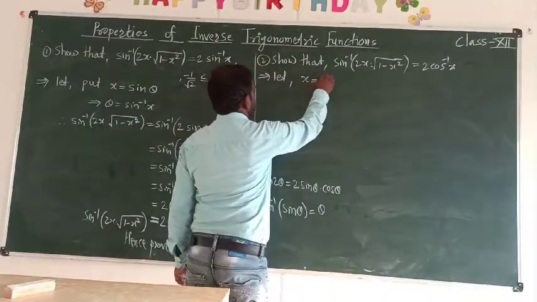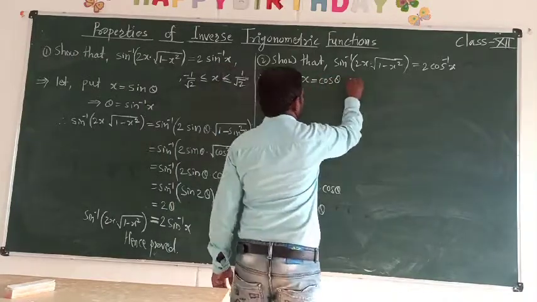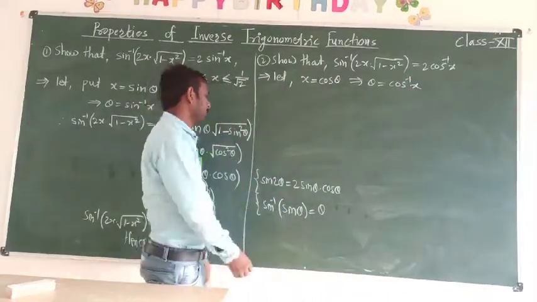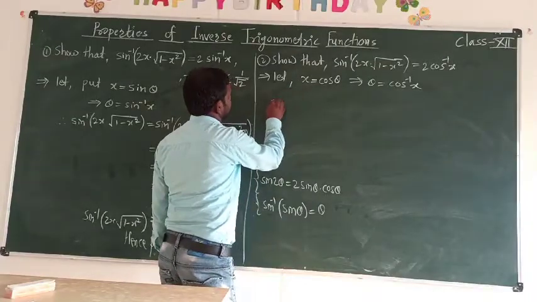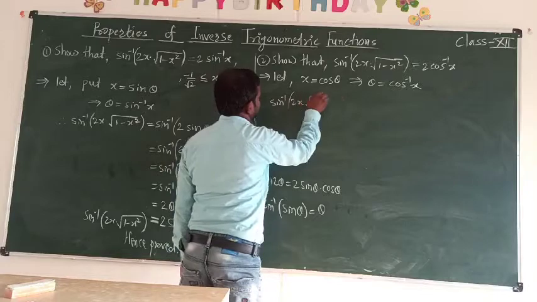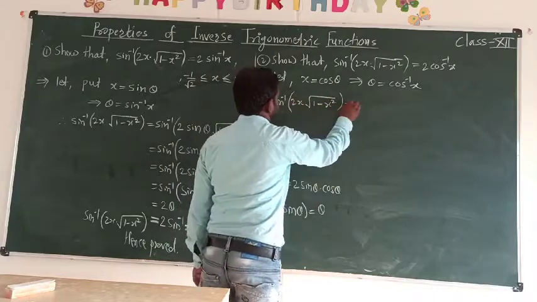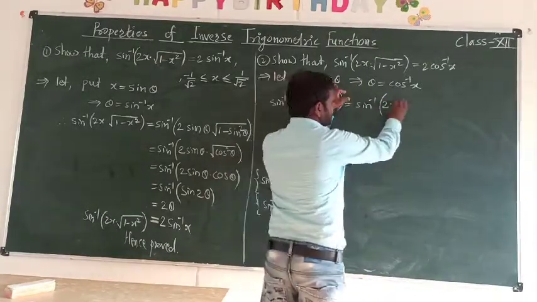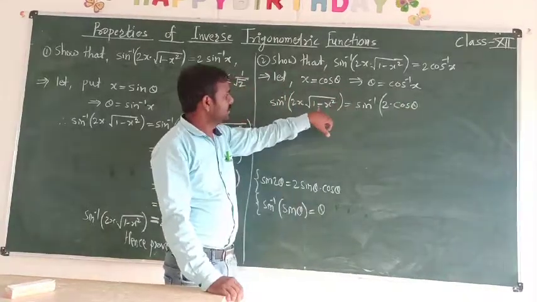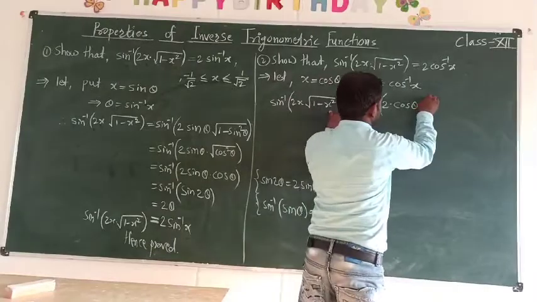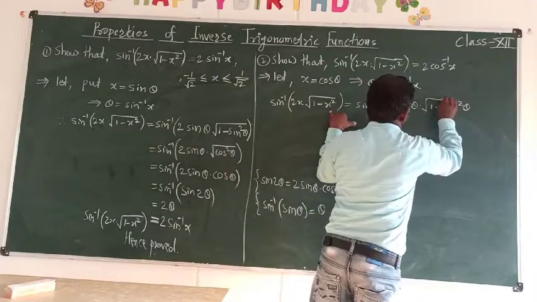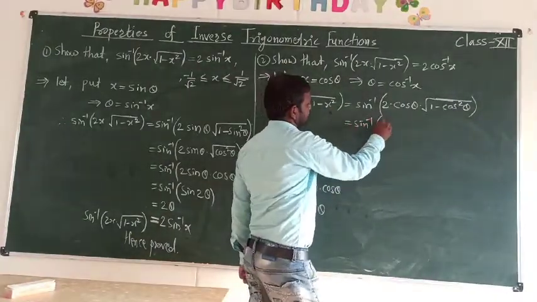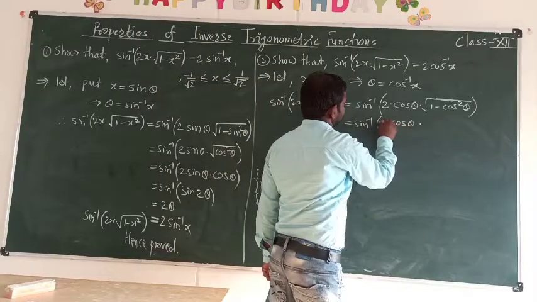Then sin inverse of 2x into under root of 1 minus x square becomes sin inverse of 2 cos theta into under root of 1 minus cos square theta.